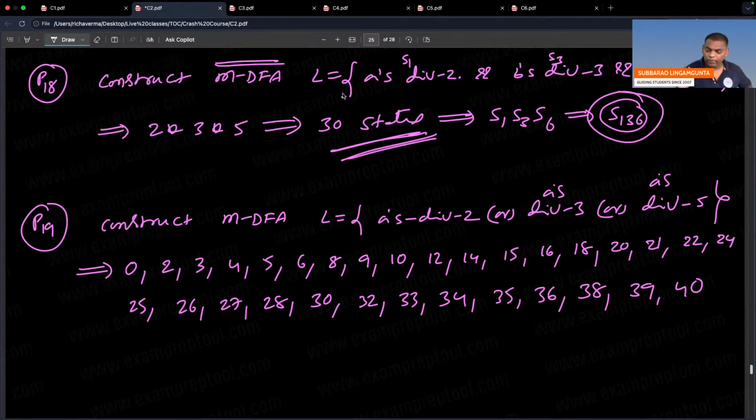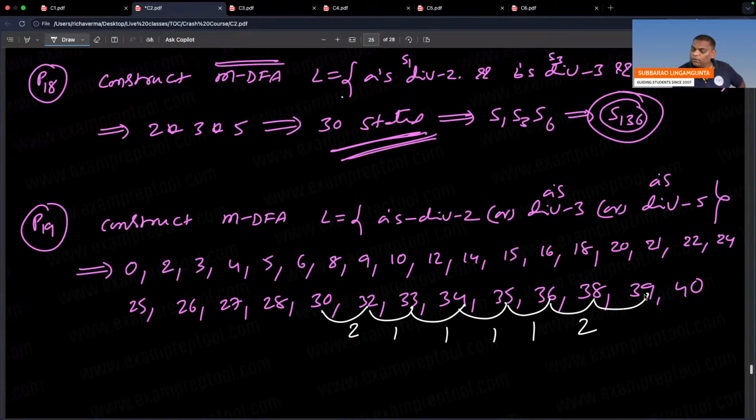So how to identify? Observe carefully. Can you see the difference from 30? You will get the clarity. See the difference: 2 here, 1 here, 1 here, 1 here, 1 here, 2 here, 1 here, 1 here. Almost like this: 2, four 1s, 2, double 1. Right? Be careful.